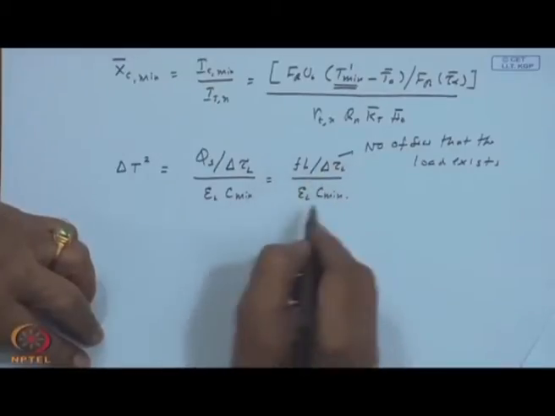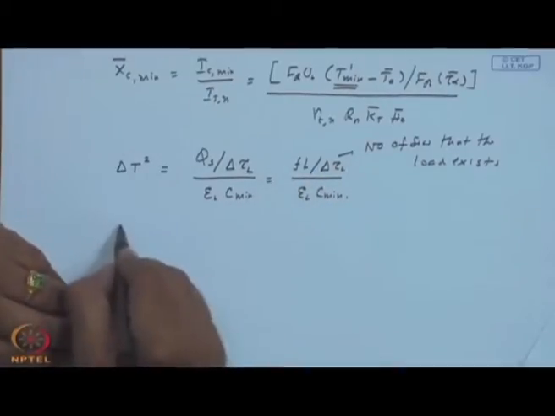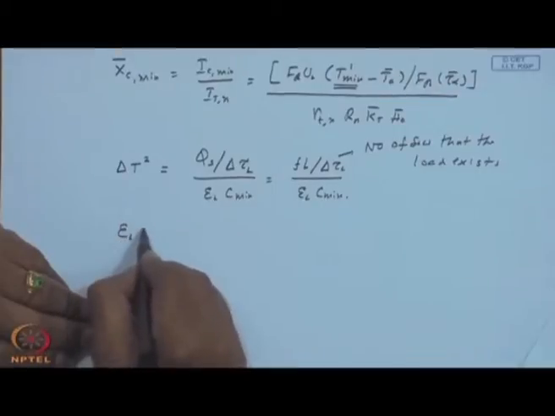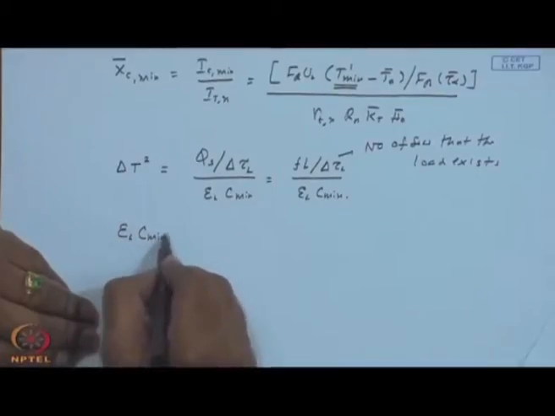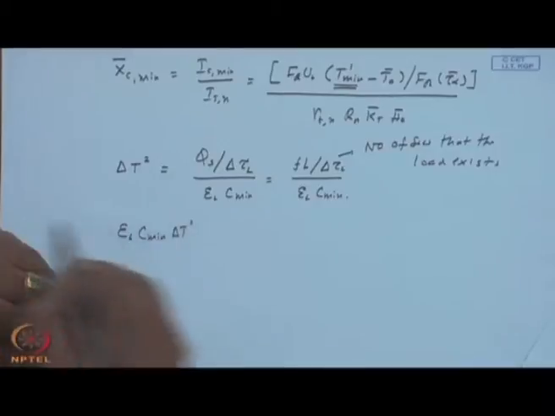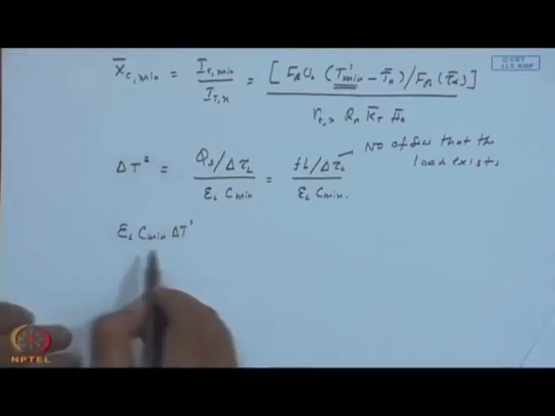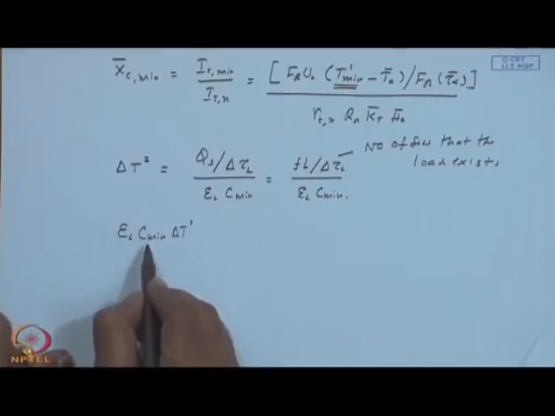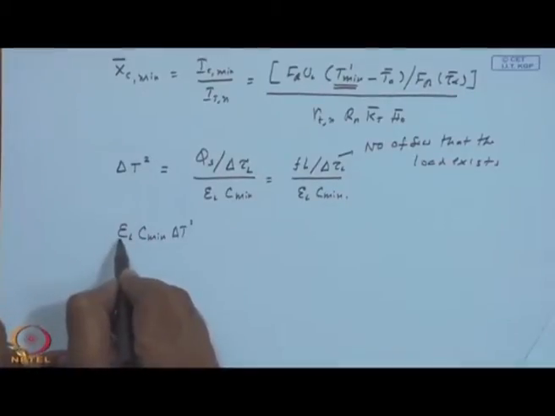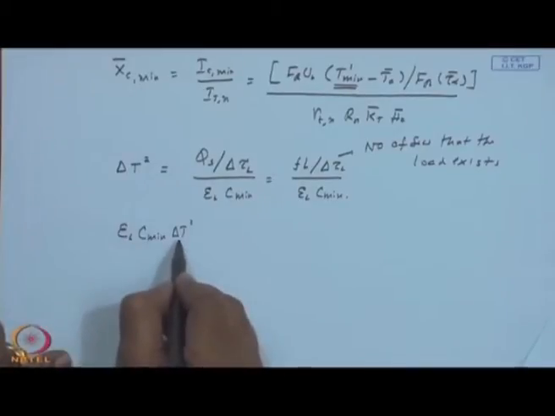So, this is a rate at which the energy delivery is made, and you will be very comfortable if you look at the equation as epsilon L C minimum delta T 2 is nothing but the energy transferred by the heat exchanger. Because this is the minimum of the heat capacitance rates of the heat exchange fluids on the two sides of the heat exchanger, multiplied by the effectiveness of the heat exchanger, multiplied by the delta T available across the heat exchanger.